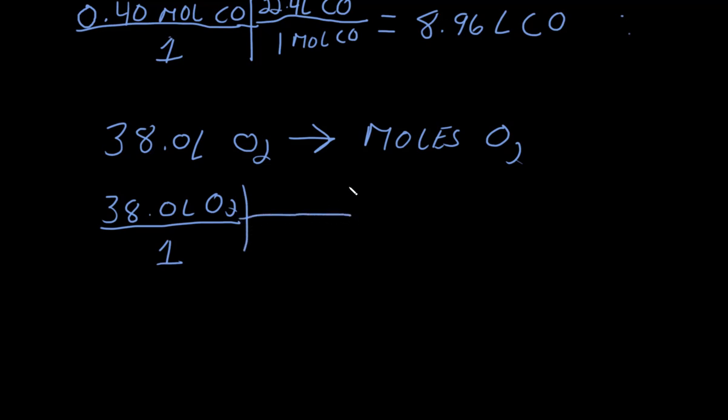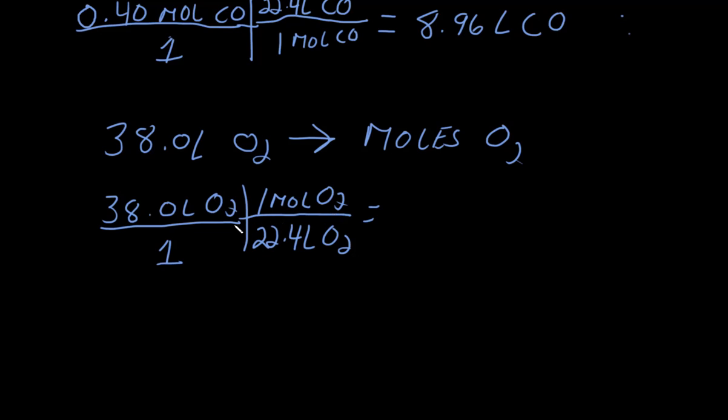In the next part of our factor label or dimensional analysis, I've got liters of O2 up here, and my conversion factor is 22.4 liters of O2. That volume will be occupied by 1 mole of O2.